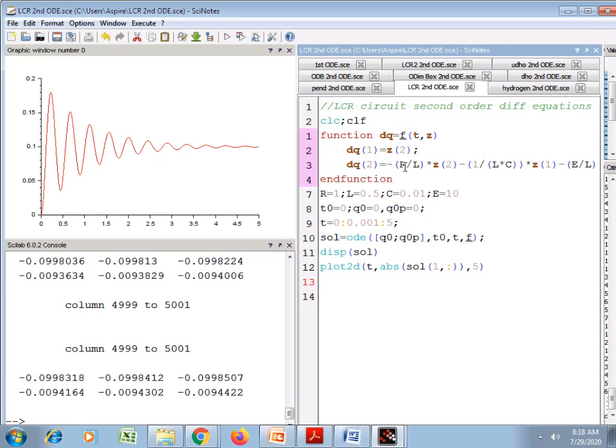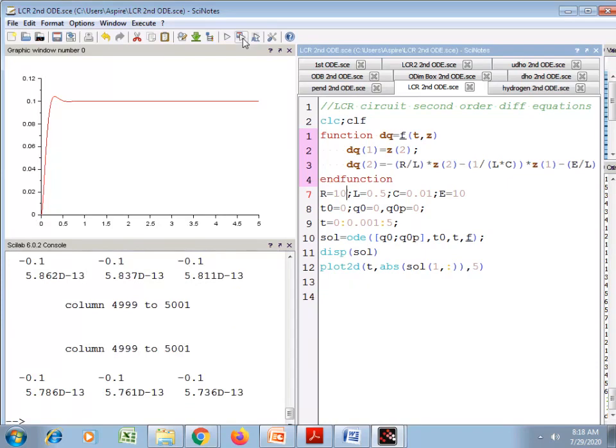If I change some values over here, suppose I take R as 10, the solution is different. If I take 11, again it is different.